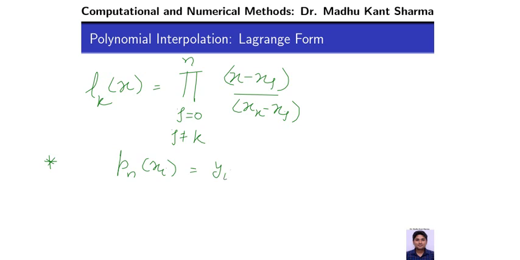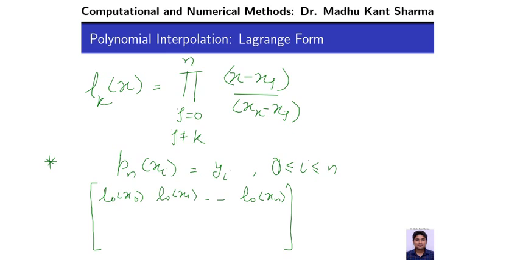If you recall the properties of the cardinal functions, and write it in matrix representation form, for 0 less than or equal to i less than or equal to n, the first row is L0 of x0, L1 of x0 and so on to Ln of x0, times C0, C1 and so on Cn, equal to y0, y1, yn.